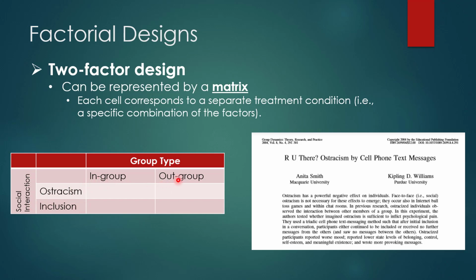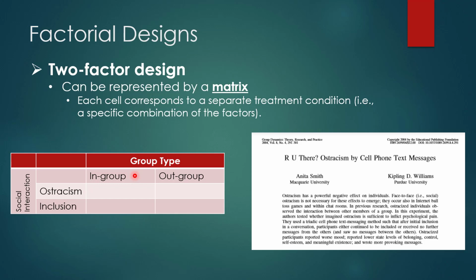And then they had a group type, which was in-group versus out-group. And this manipulation was created via a question. The question that they sent was, do you smoke? And so the confederate in the in-group situation would respond however the participant in the experiment responded.